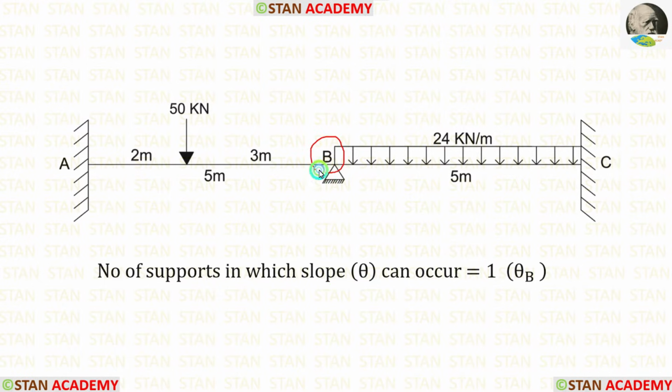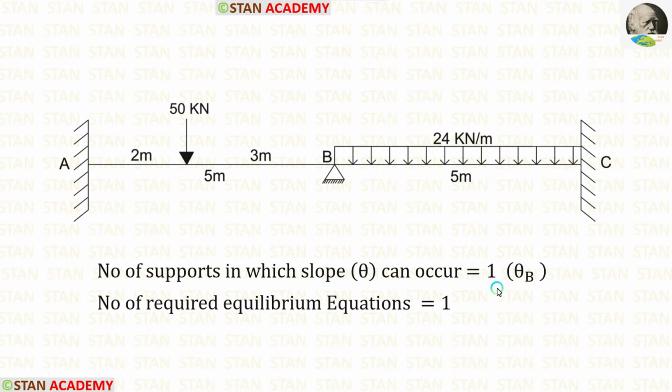At point B, we have the slope theta B. So, in this analysis, we have only one unknown, that is theta B. If we calculate theta B, we can easily calculate all the moments. Since we have only one unknown, the number of required equilibrium equations is equal to 1.